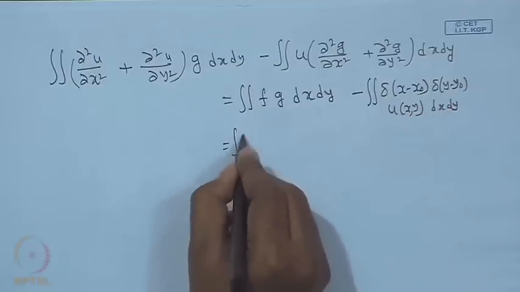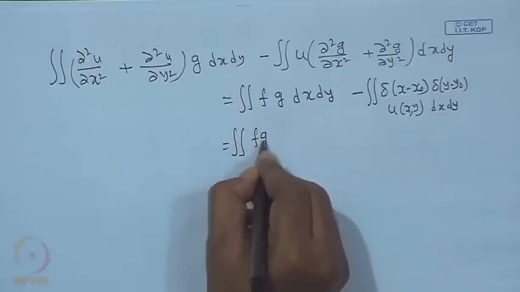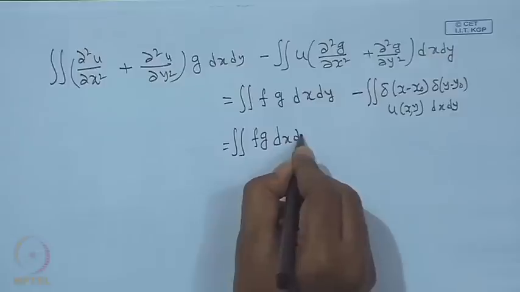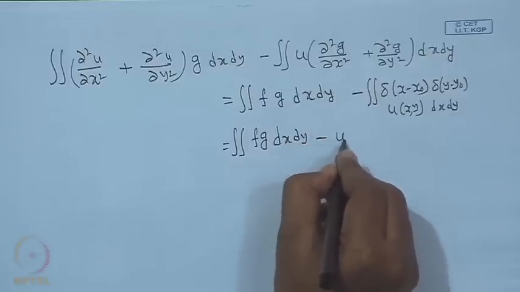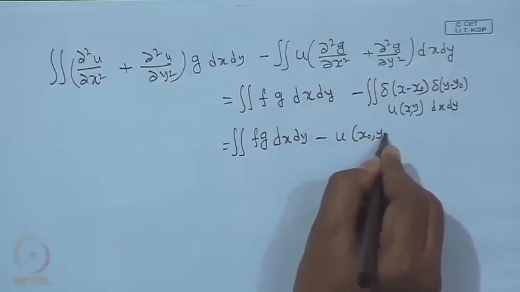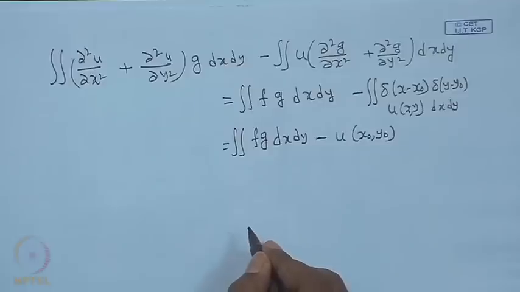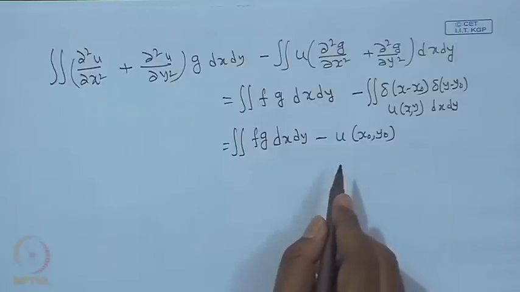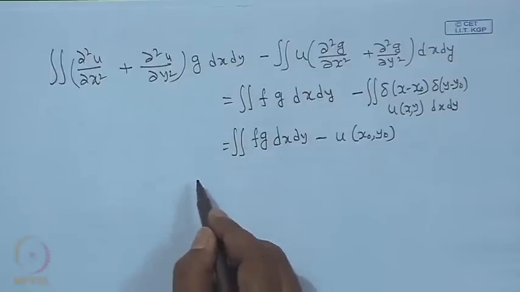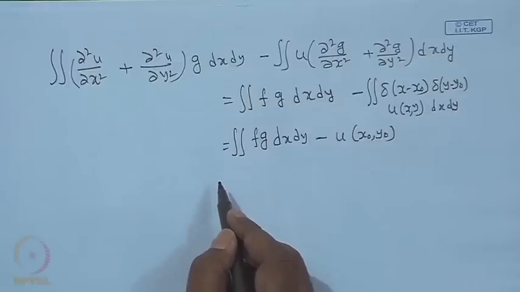So, this will be double integral f times g dx dy minus u(x naught, y naught). So, that is the right hand side and this is the left hand side.